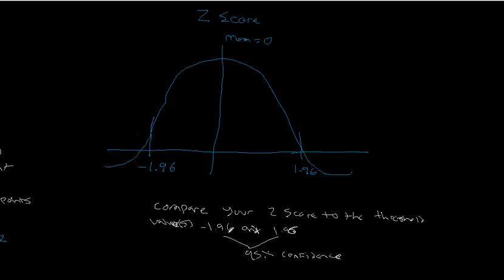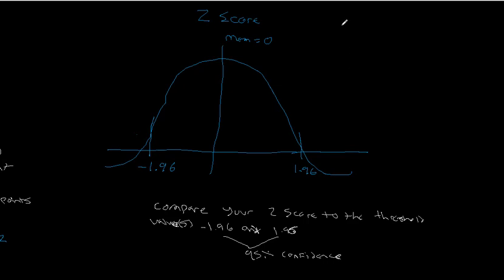You either want to be lower than this or you want to be higher than this, right? So if you are lower than this, then you're statistically clustered. If you're higher than this, then you're significantly dispersed. And if you're in between, then your pattern is not significant.